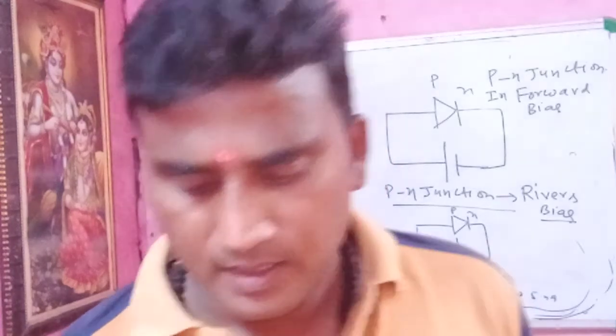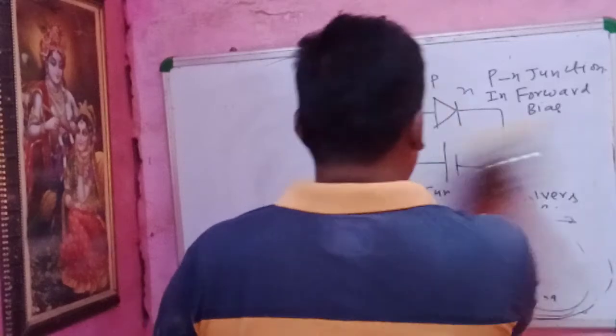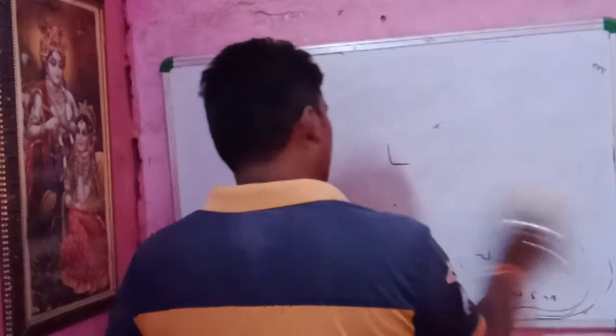Now let us move on to another topic. What is resistivity? The product of the resistance and the cross-sectional area of the wire, divided by its length, is known as the resistivity, and it is represented by rho.